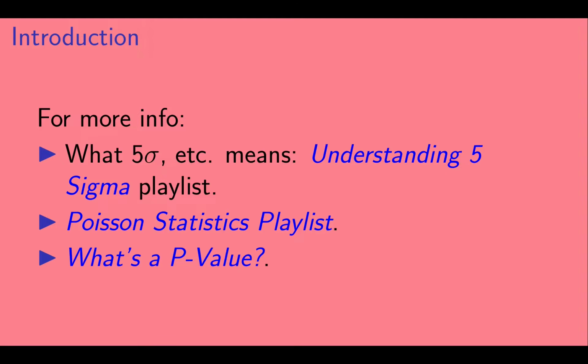We will also briefly mention Poisson statistics, which you can learn about in the videos in the Poisson statistics playlist. And finally, we will mention p-values, which are a measure of how well or poorly an experimental result agrees with expectation. To learn about that, you can check out the video What's a p-value?